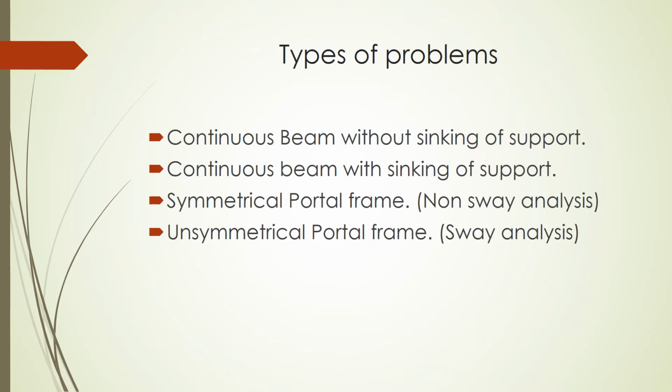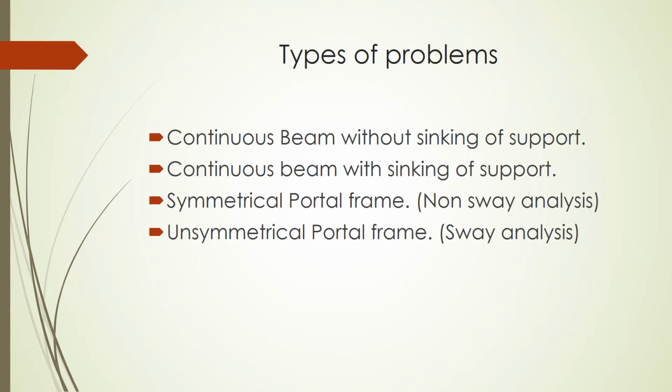Let us see that we have to solve the basic four types of problems in this chapter. The first one is the continuous beam without sinking of support, means simply a continuous beam is given with a different type of loading, and we have to analyze the beam by using slope deflection method. As we covered this type of problem in the last lecture, today we are going to solve a continuous beam with sinking of support, means any one support is sinking, so we have to analyze that by using slope deflection method.